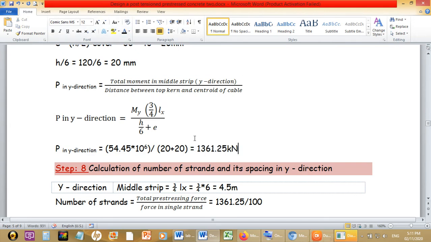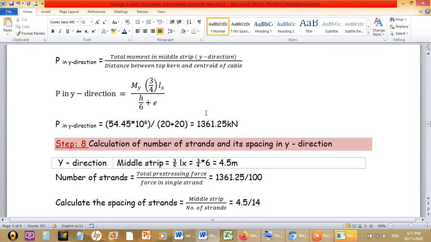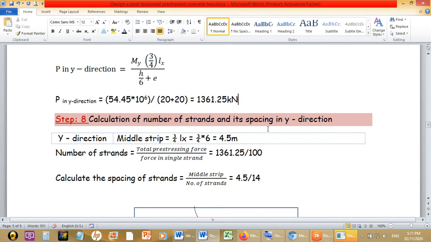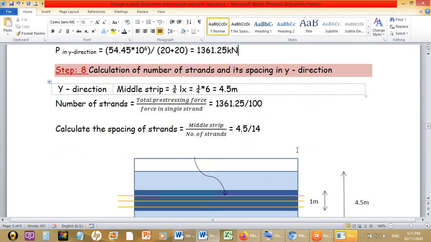This is the total prestressing force required in y direction. To achieve this, we need to provide the tendon, and we know that the capacity of the tendon is 100. So let's calculate in step number 8 the number of strands and their spacing in y direction.